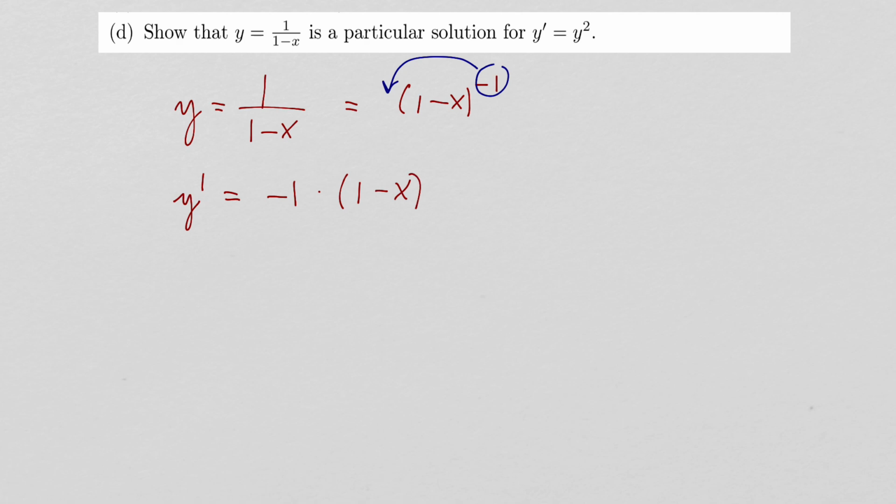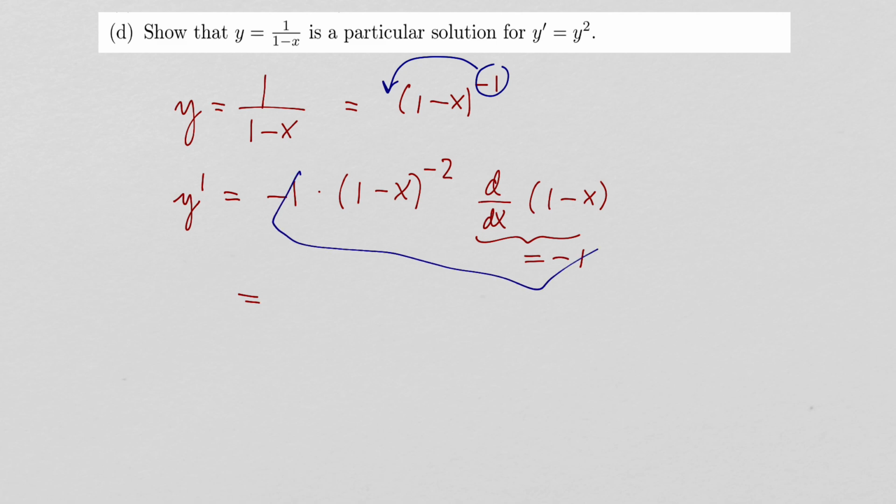The power will be 1 less, it will be minus 2 times the derivative of the inner function. Well, this is minus 1. The minus 1s will cancel out. So we just get 1 over 1 minus x squared. This is the same as y squared. So our equation is okay.